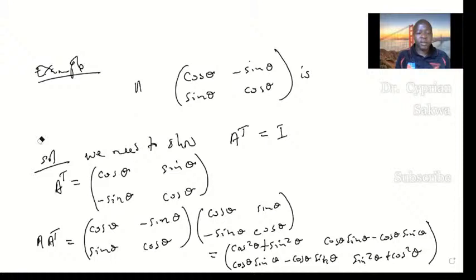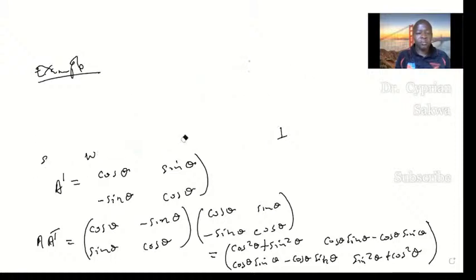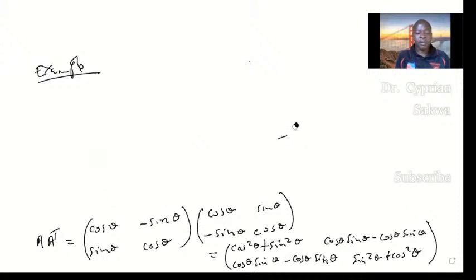Creating some space here, I can do the last part of this proof. I know that cos square theta plus sin square theta will give me 1. I also know that cos theta sin theta minus this will give me 0.